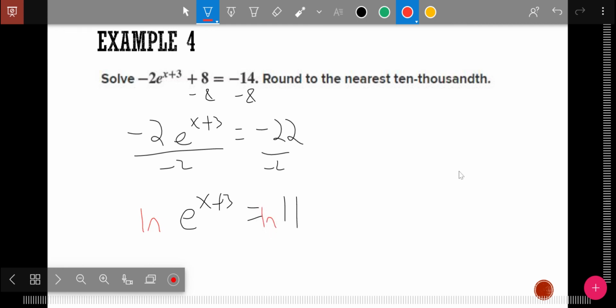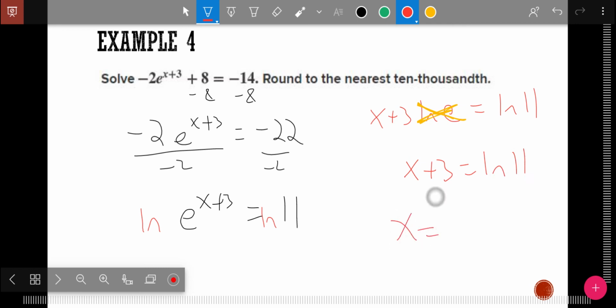And so really, if I really show all my work here, I would have x plus 3 in front now of ln e equals ln 11. And hopefully you remember ln e. ln e cancels out. So really, I just have x plus 3 equals ln 11. I minus 3 to both sides, x equals ln 11 minus 3.